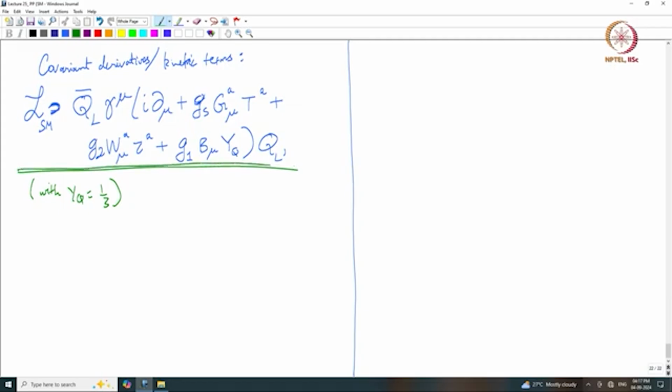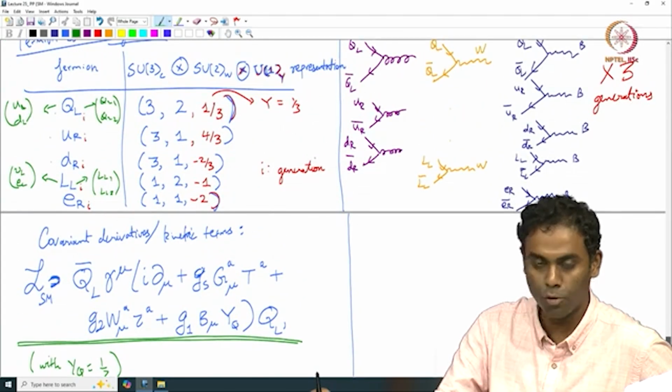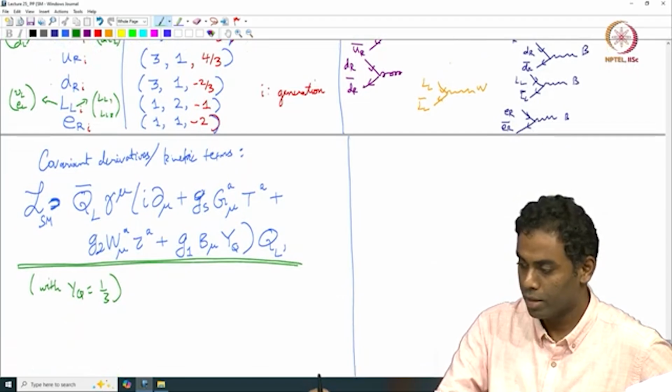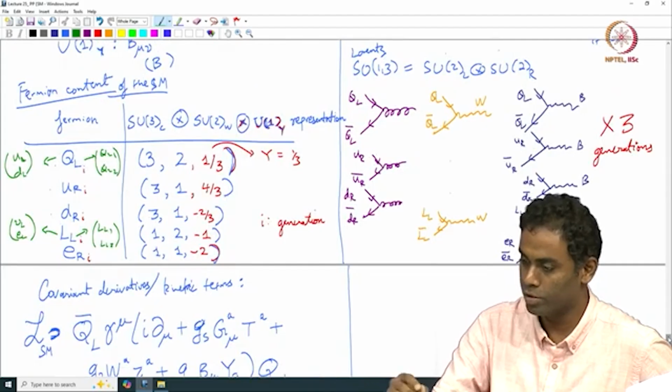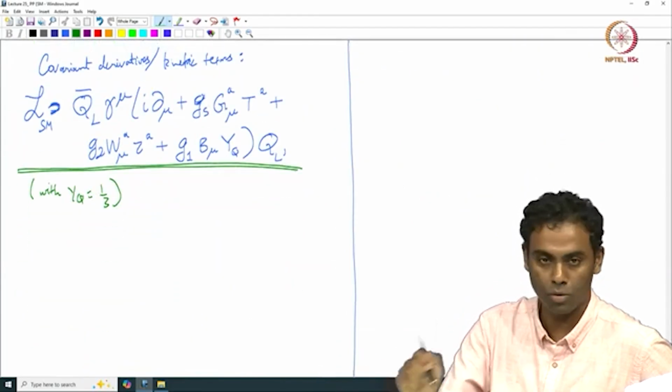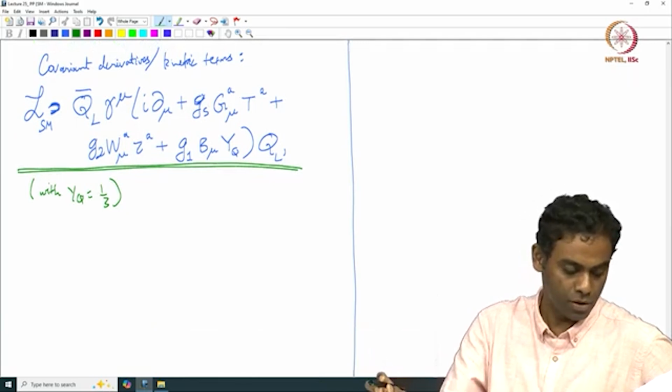You just put in all the interactions that it takes part in to construct the covariant derivative. So I leave you to construct the covariant derivative for the other 4 fields also. That should be trivial, right? I've written down the hardest one, where QL is the one that participates in all 3 interactions.